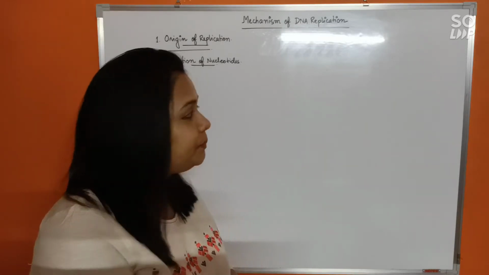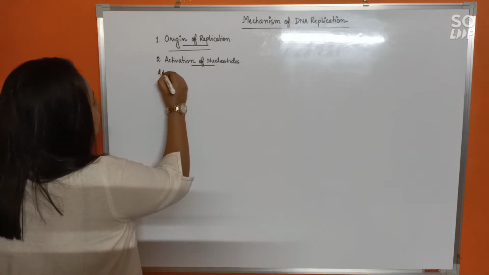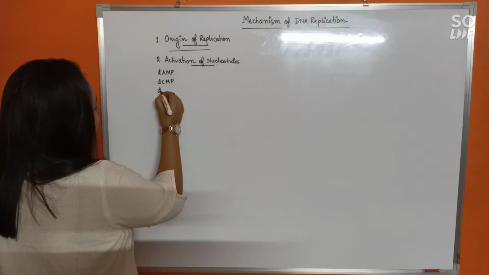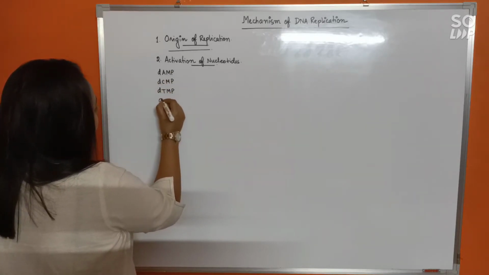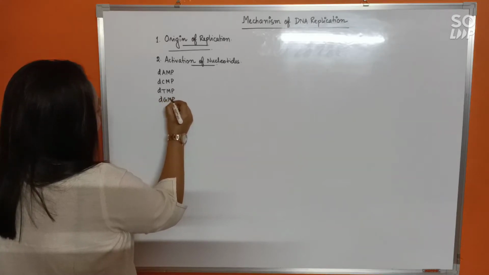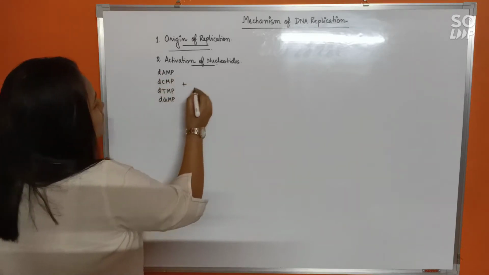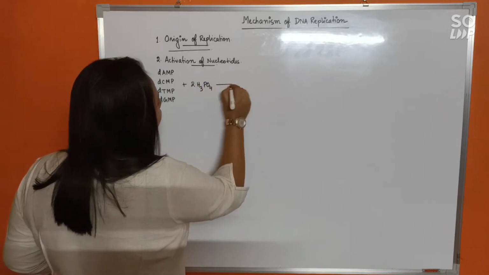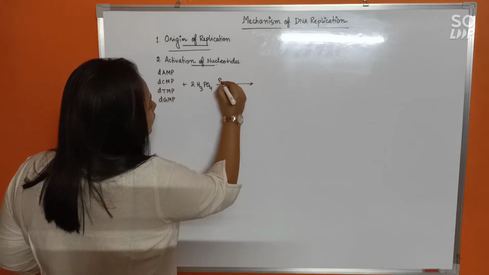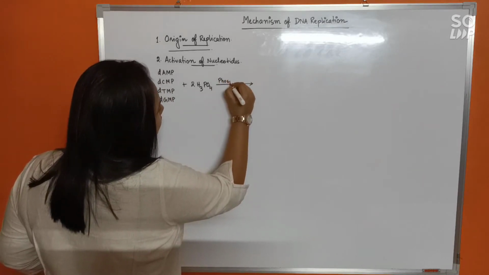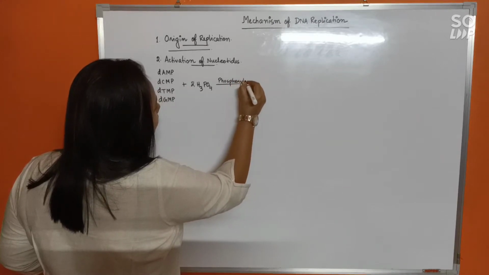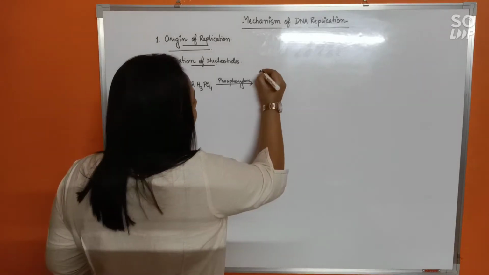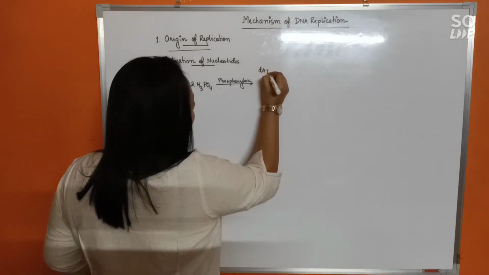Now how is that done? All of these nucleotides plus phosphoric acid, with the help of the enzyme phosphorylase, will be converted to triphosphate state.